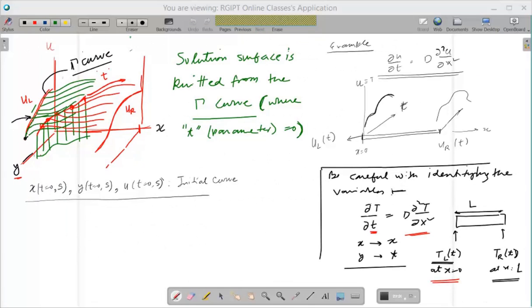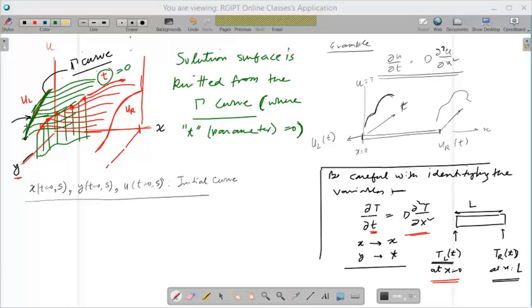So this curve is one where I'm given u at a particular point, which can be identified with a particular t equal to 0. The parameter value along this curve is 0. So I have multiple choices of u along this curve.